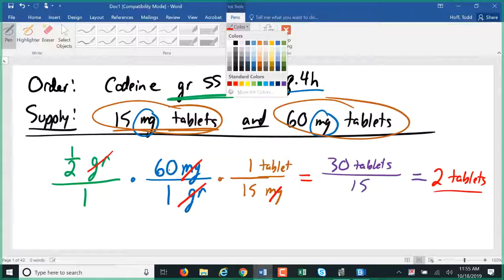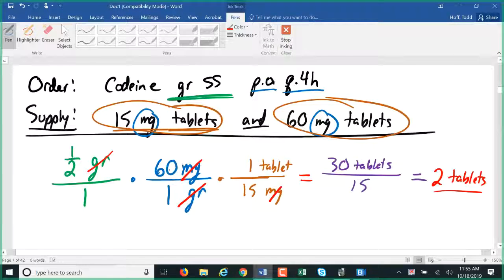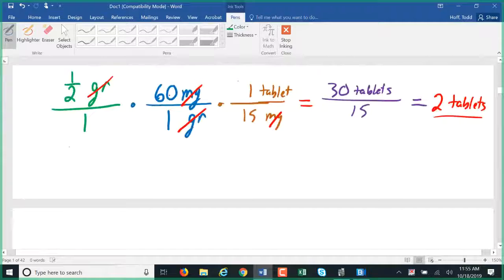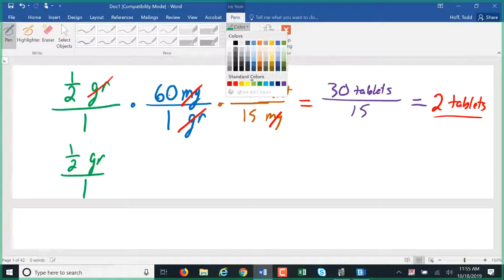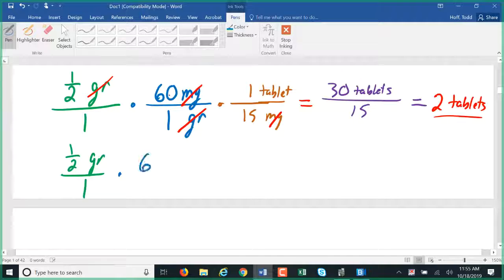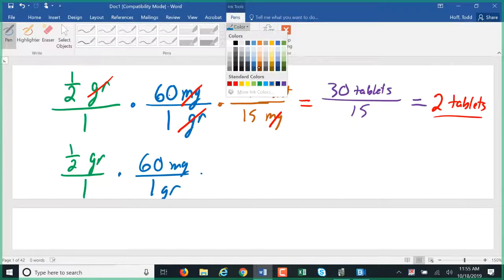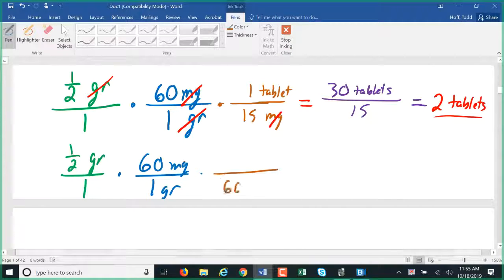If we redid this calculation for the 60 milligram tablets, our first several steps stay exactly the same. It's just when we get to the tablets here, 60 milligrams, one tablet.